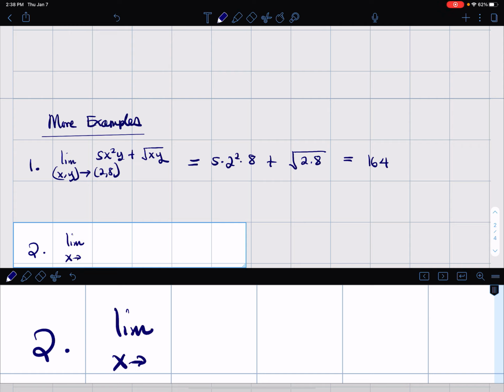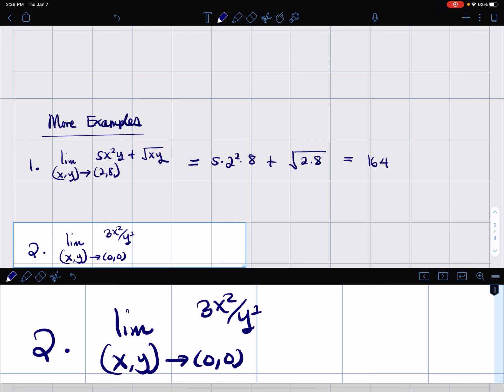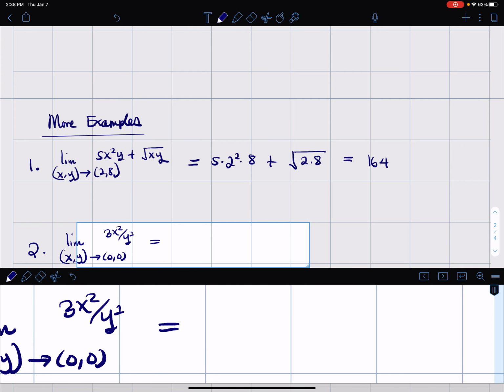Now, how about this? The limit as (x, y) goes to (0, 0) of 3x squared over y squared. Let's try to substitute.